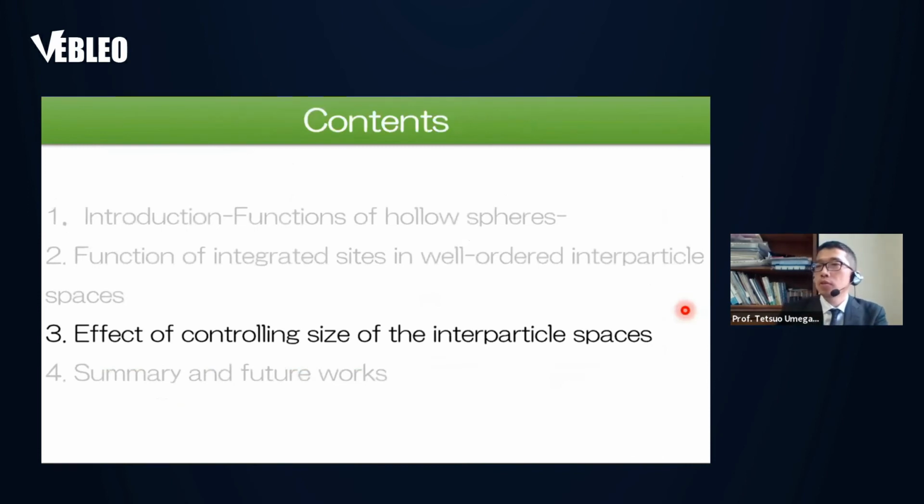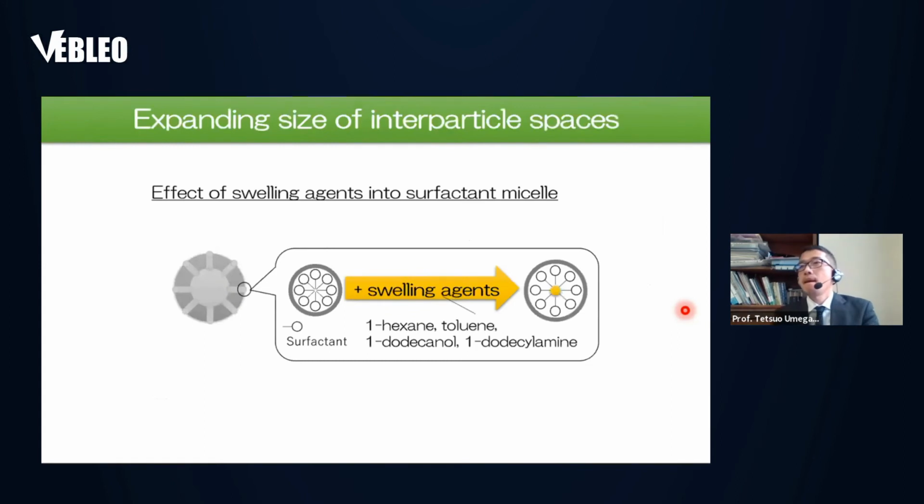Moreover, we tried to control the interparticle space structures with a wider size range. For the investigation, we used a swelling agent in the surfactant micelles.